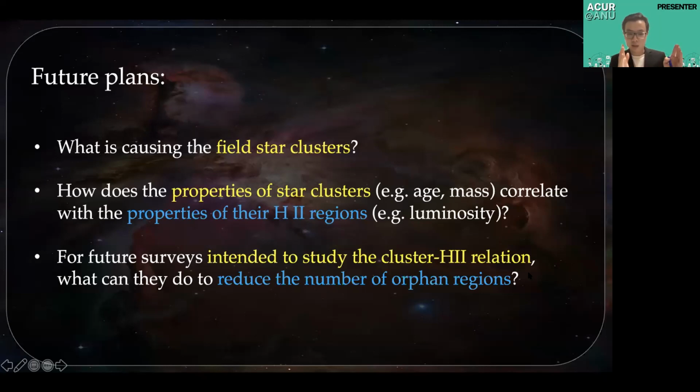What I've done is, if I were to decrease the magnitude to include even more star clusters, theoretically we can decrease the orphan regions from 60% to 30%. That's awesome. But then who will spend 5 or 6 years just to identify these star clusters? So it is a balance of how well we want to do and how much human power or money power we actually have, if that answers your question.